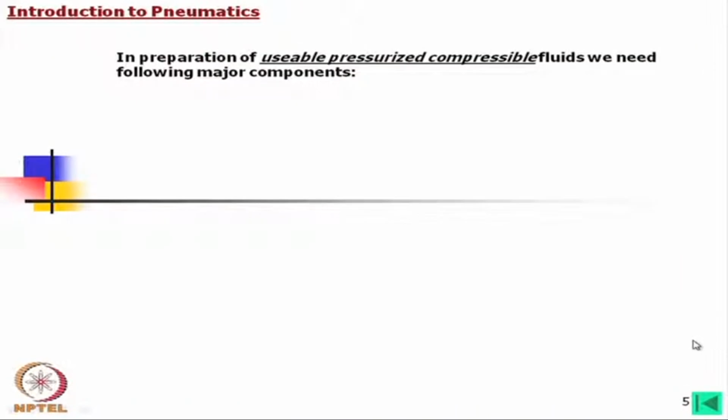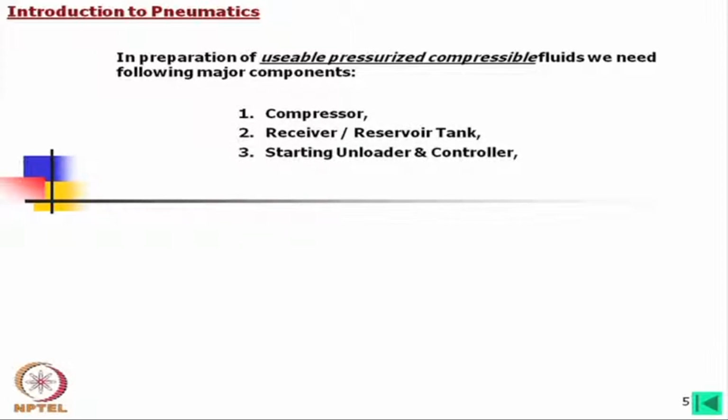Now, in preparation of usable pressurized compressible fluids, we need the following major components. One is definitely a compressor. A compressor is nothing but a pump which is pumping the air or gas. A receiver or a reservoir tank, a starting unloader and controller. This is very important, we will come to what it is.